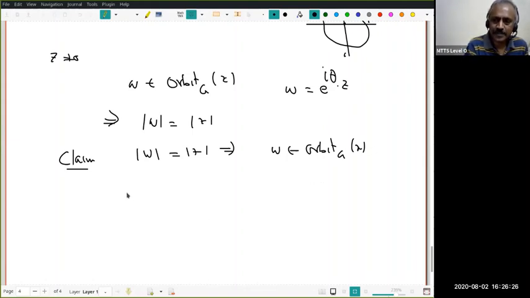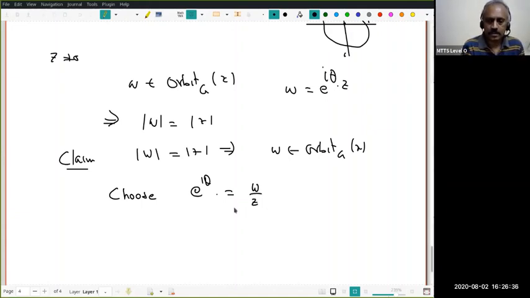Therefore, what do we want to do? Choose e^{iθ} equal to w by z. I'm working backwards. If it is true, then there is a θ so that w equals e^{iθ} z. Then I can solve for e^{iθ}. That is w by z. So I'm going to take w by z as a complex number.